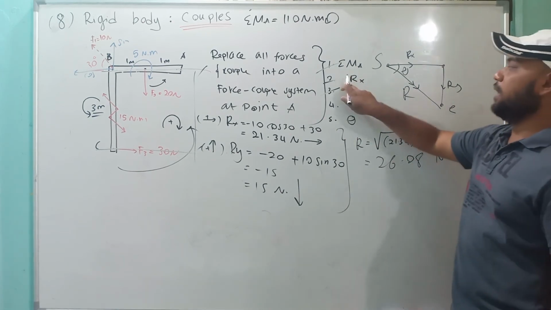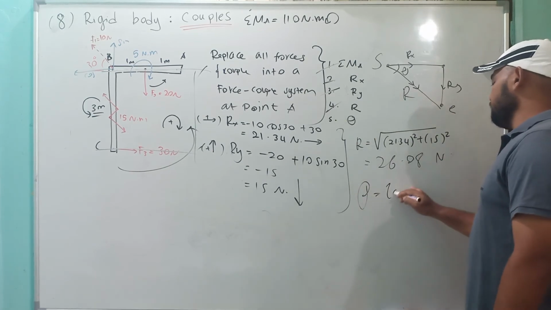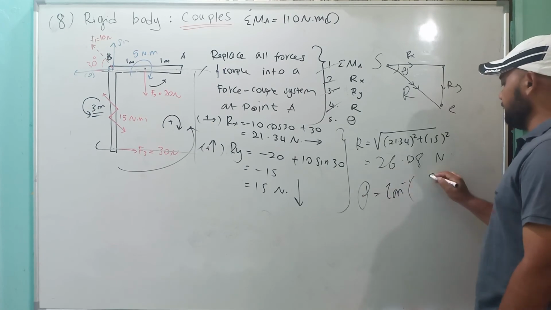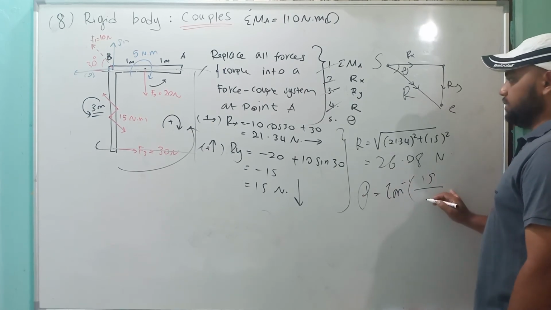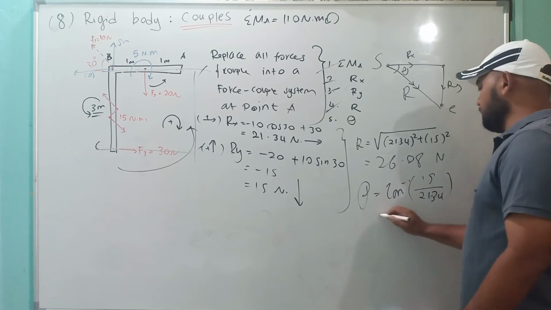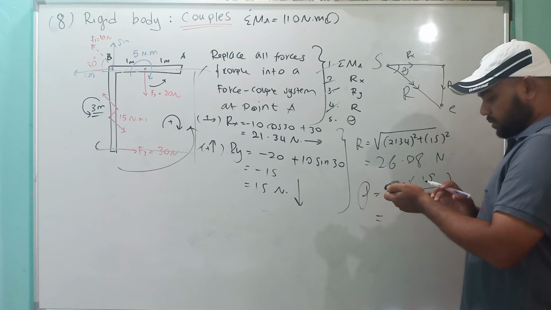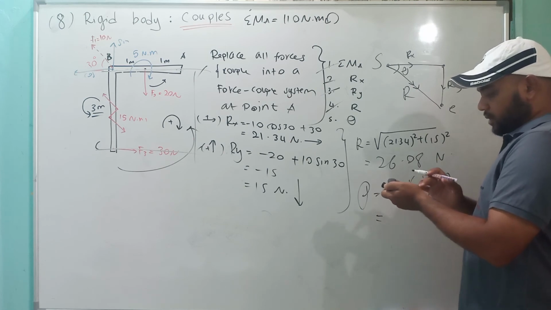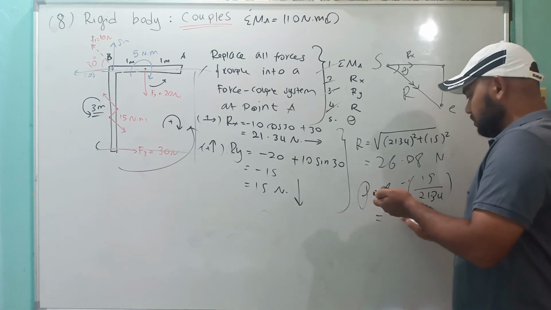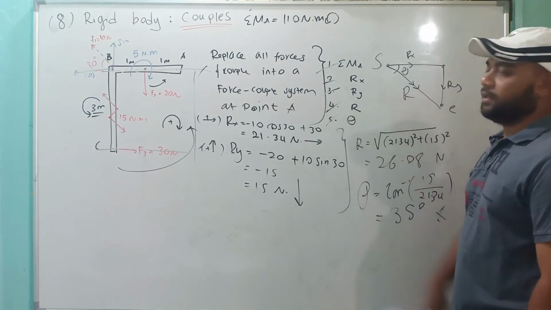So we have Rx, Ry, R here, theta equal to tangent minus 1, y divided by x, so y is 15 divided by x, 21.34, so we have tangent minus 1 of the answer equal to 35 degrees. Rx, Ry and theta.